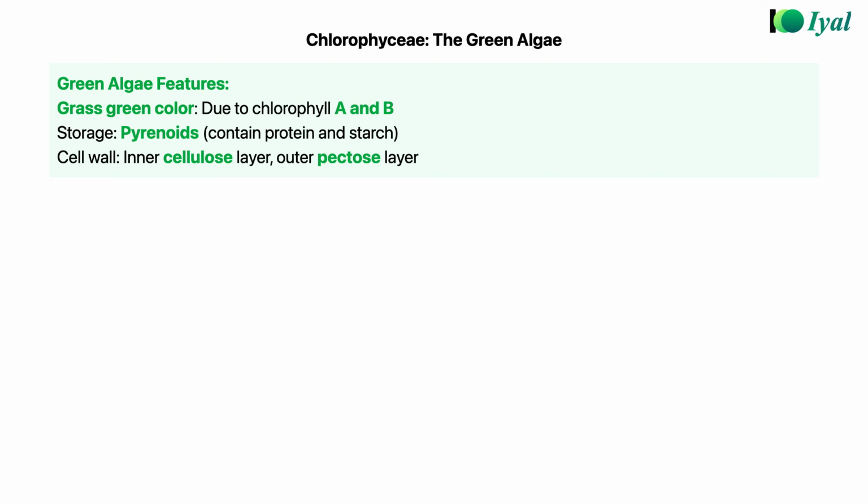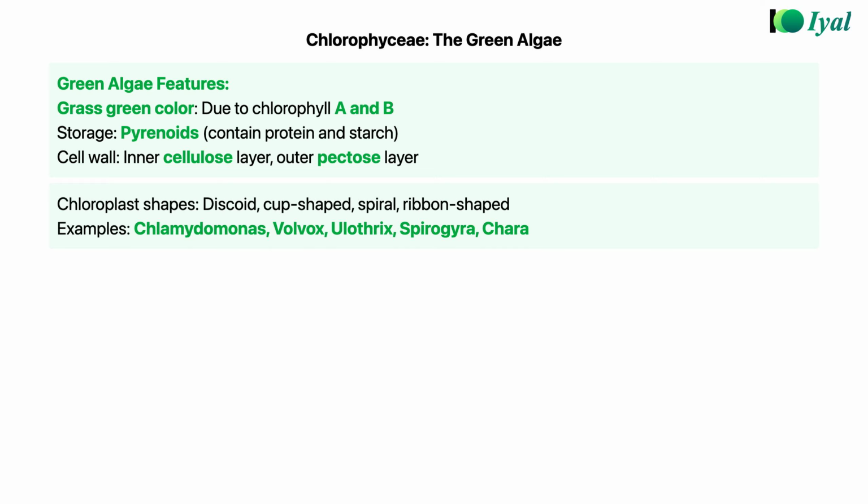There's an inner layer of cellulose and an outer layer of pectose, making it pretty rigid. The chloroplasts in green algae can have all sorts of shapes: discoid, plate-like, cup-shaped, spiral, or ribbon-shaped, depending on the species. Some common examples you should know are Chlamydomonas, Volvox, Ulothrix, Spirogyra, and Chara. These are the ones you'll see most often in studies of green algae.